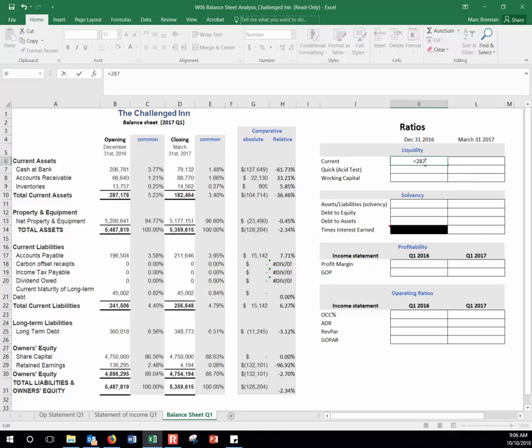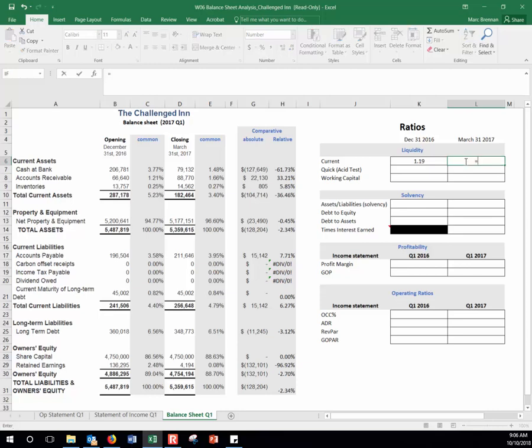So we'd go first for the last quarter, $287,178 divided by our total current liabilities, $241,506. So 1.19, and that's 1.19 times. Remember, we can cover our current liabilities with our current assets 1.19 times. So we can just cover them plus a bit more.